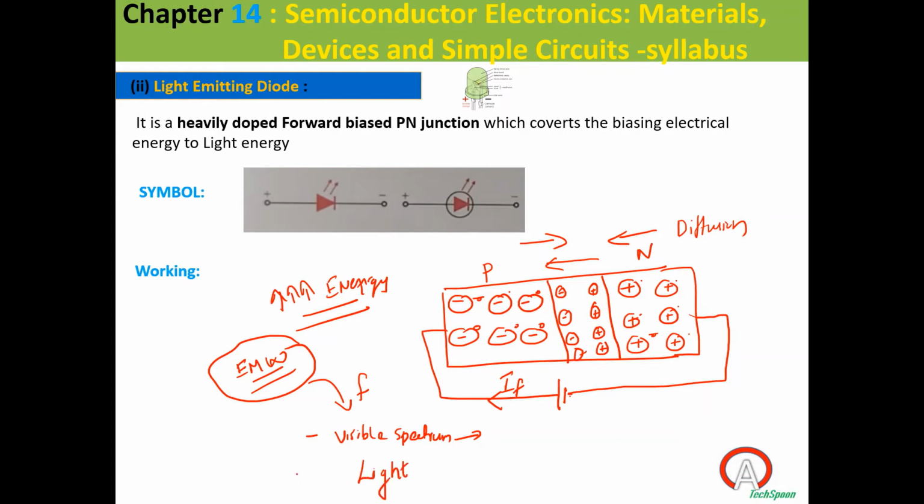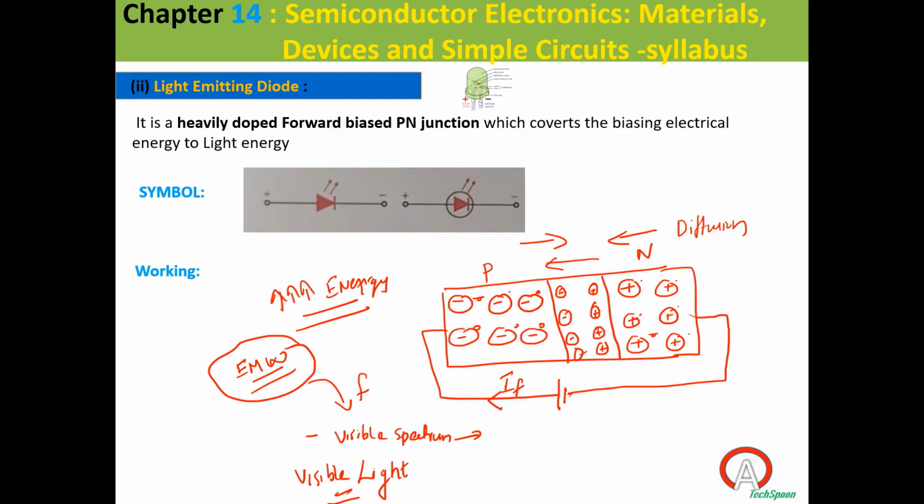So this will be visible light. This is the process happening in a light emitting diode. Understood? Electric energy through this biasing will convert into visible light.